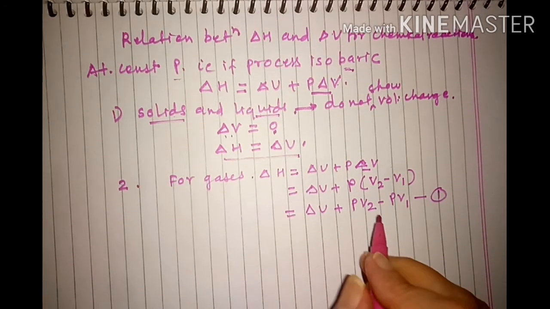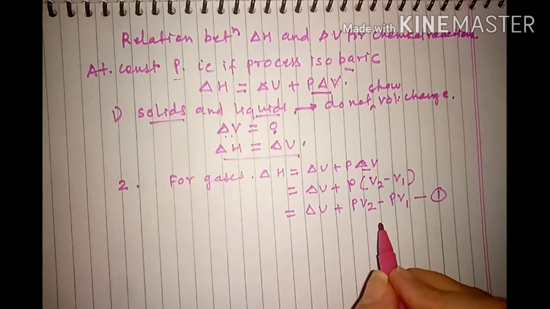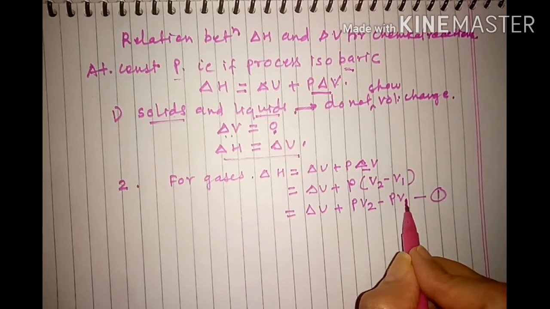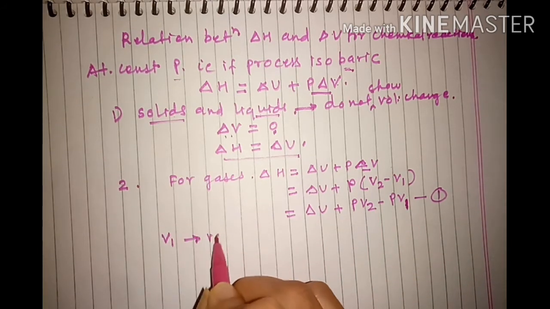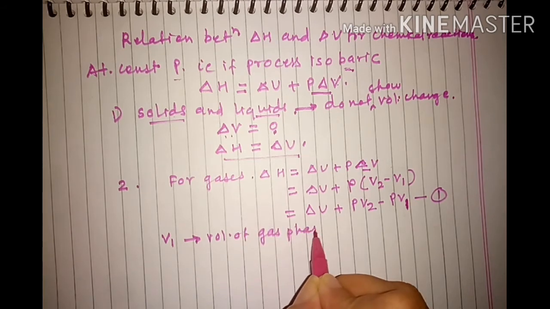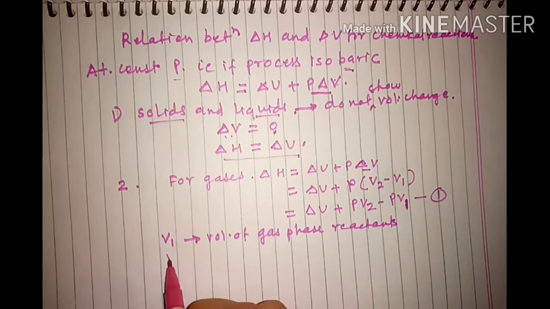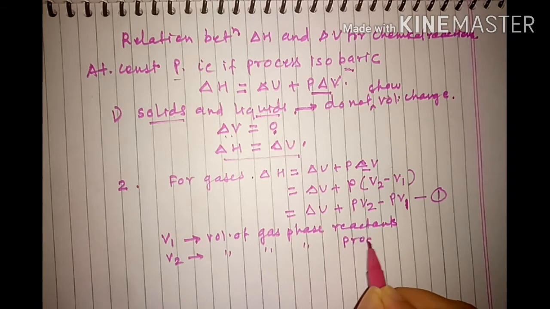So what is this V1? V1 is the volume of the gas phase reactants, and V2 is the volume of the gas phase products.